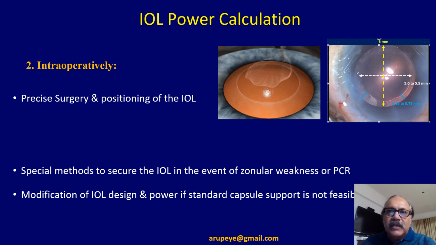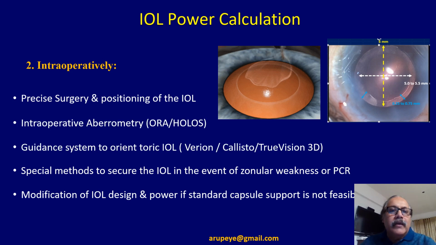So this basically gives us a proper effective lens position, and this definitely helps us a great deal in hitting the target refraction. In certain situations where we have encountered a zonular weakness, zonular damage, or a posterior capsular rent, and implanted a lens in a different location, we may have to tinker with the intraocular lens power, which is again beyond the scope of the discussion today.